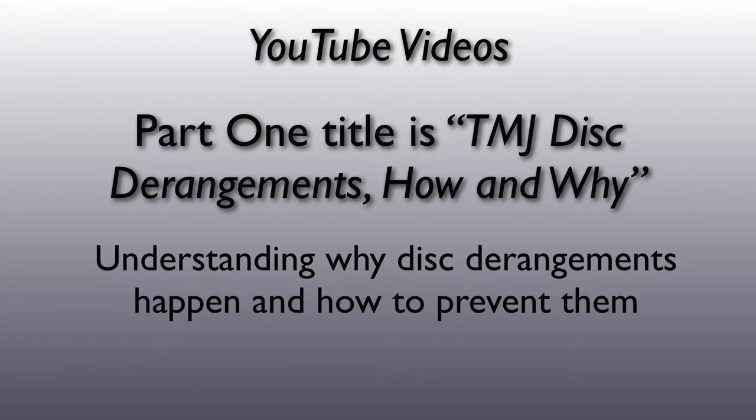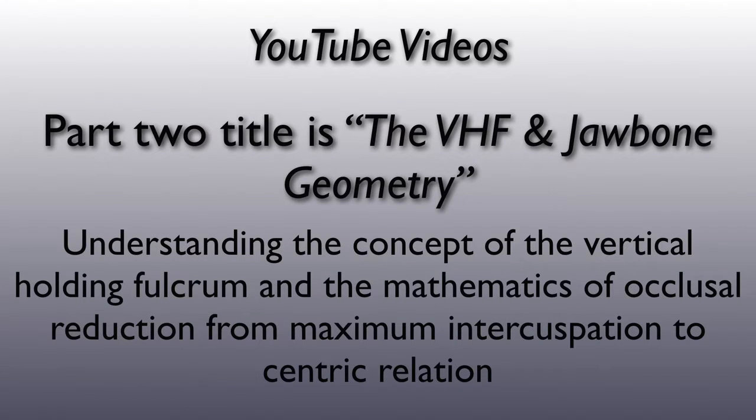It is about understanding why disc derangements happen and how to prevent them. The second video can be found under the title of the VHF and jawbone geometry. It is about understanding the concept of the vertical holding fulcrum and the mathematics of occlusal reduction from maximum intercuspation to centric relation.